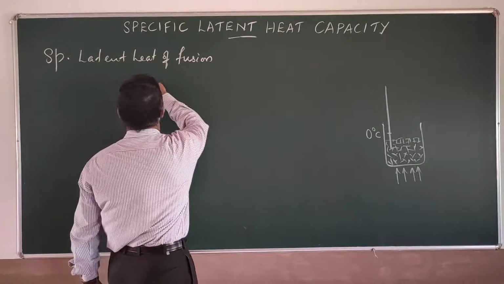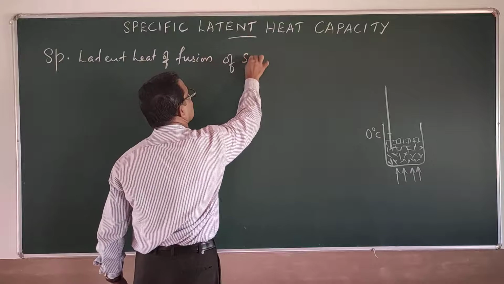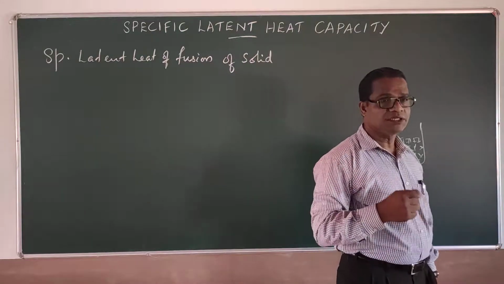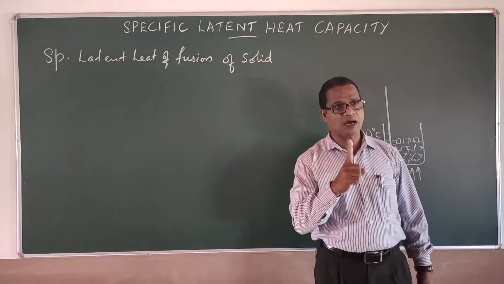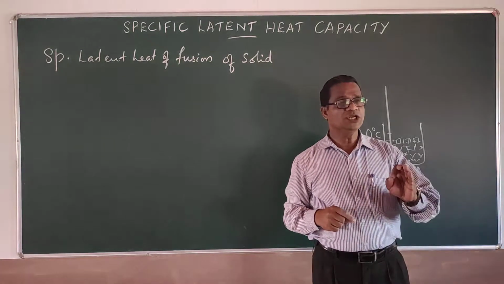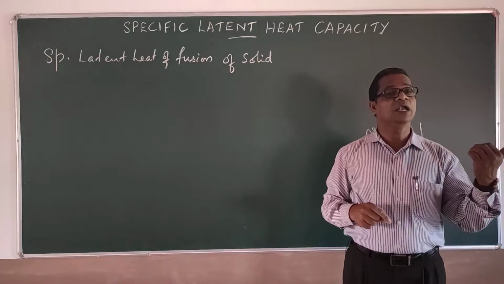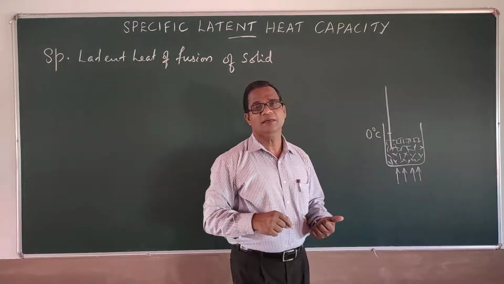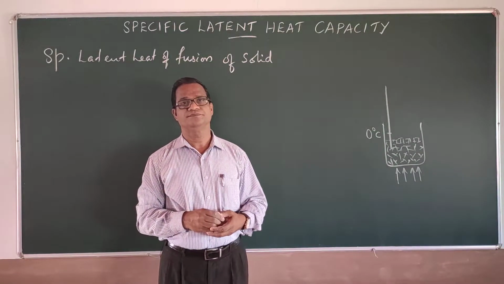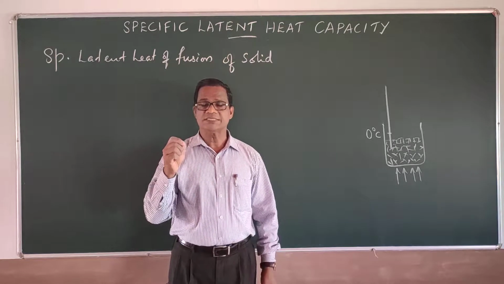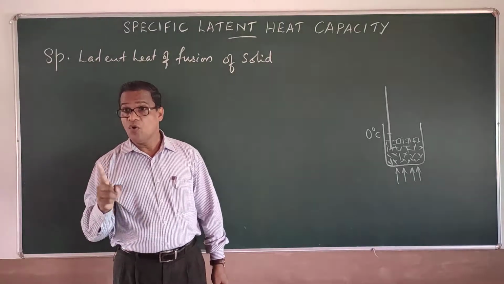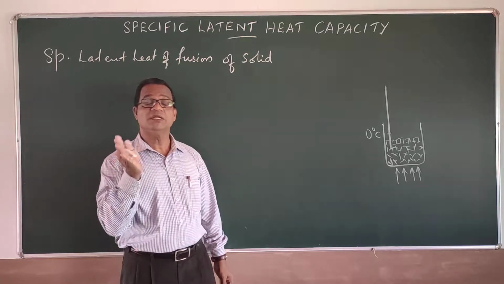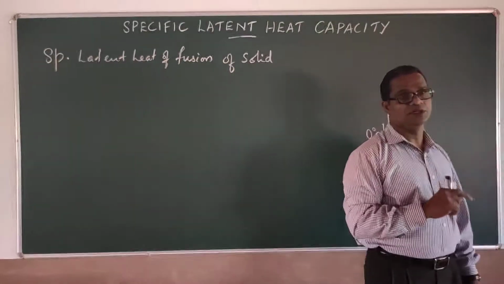The specific latent heat of fusion of a solid can be defined as the amount of heat energy required to convert 1 gram of solid into its liquid state at the melting point of the solid, completely, at the same temperature.